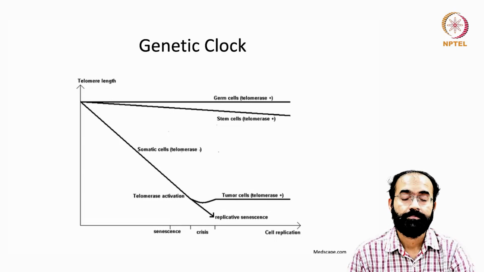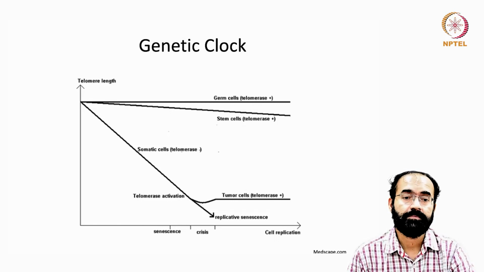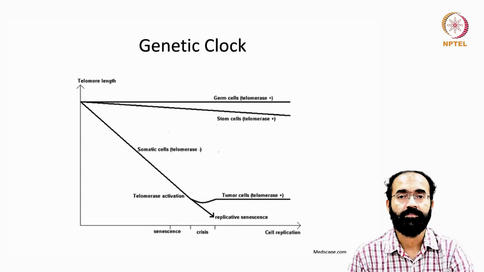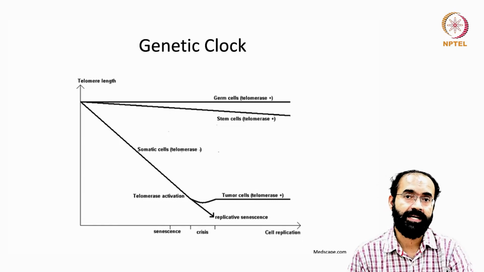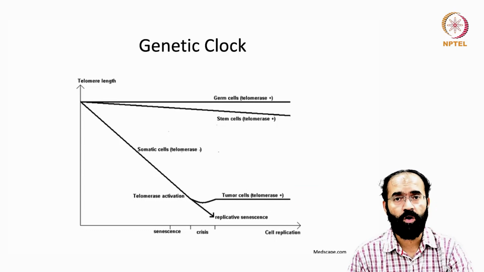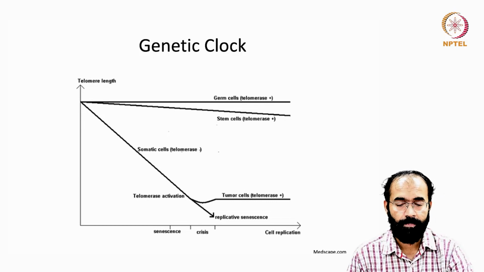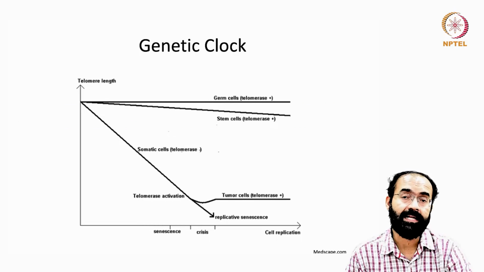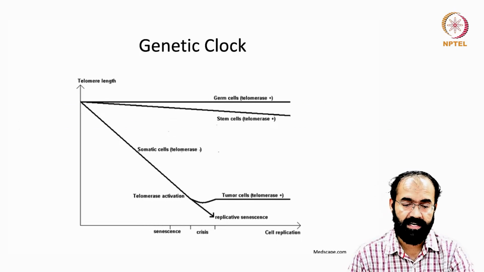Once the cells cross that stage of critical short telomere length, it will end in a crisis period. At that time the cell must die if the organism or the cell type has to stay healthy. If it fails to do so, that can lead to very serious problems such as cancer.